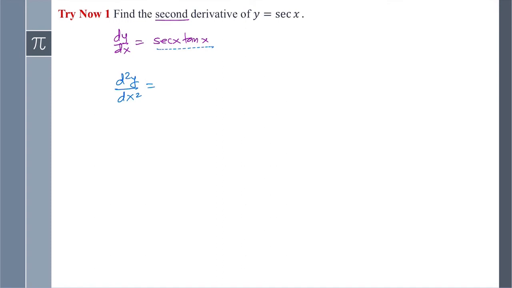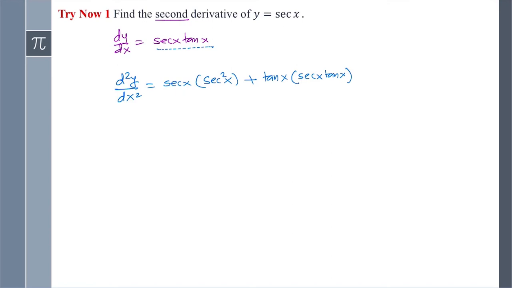The product rule is the first function, which is secant x, times the derivative of the second function. The derivative of tangent x is secant squared x, plus the second function, which is tangent x, times the derivative of the first function, which is secant x tangent x.